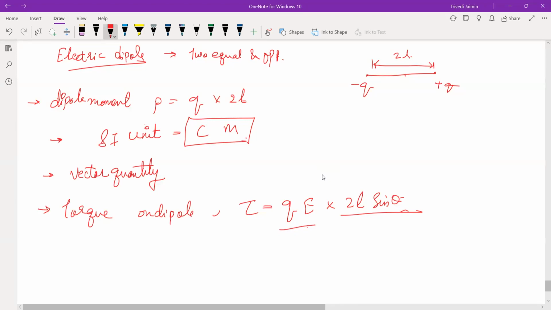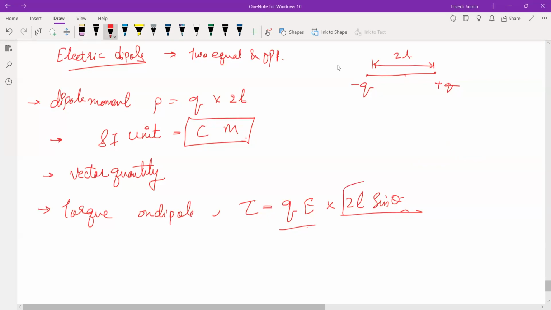We are taking the perpendicular distance, so we will take the sine component, opposite to this one.